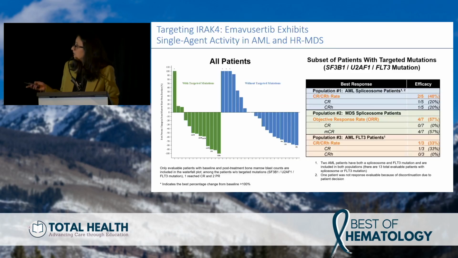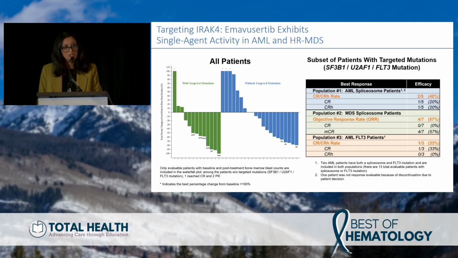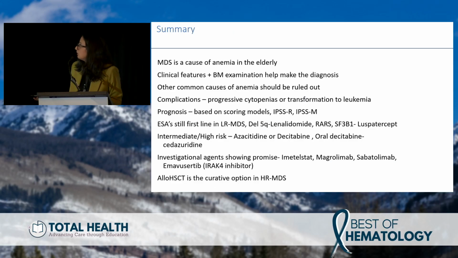And we have IRAK inhibitors currently in development, and this particular one seems to be the furthest along, emavusertib, which has shown single-agent activity in AML as well as MDS, and the CR rates, as you can see, are quite good, and I think this requires further investigation, though. The interesting thing about IRAK4 targeting is that these drugs also have some level of FLT3 inhibition, so they have dual activity of IRAK and FLT3 inhibition.